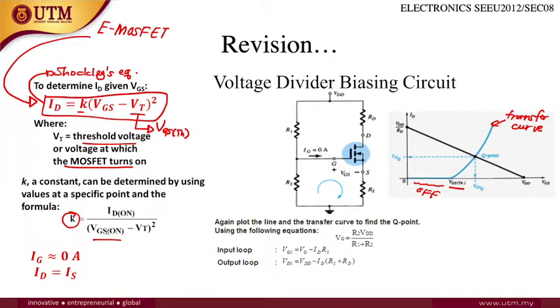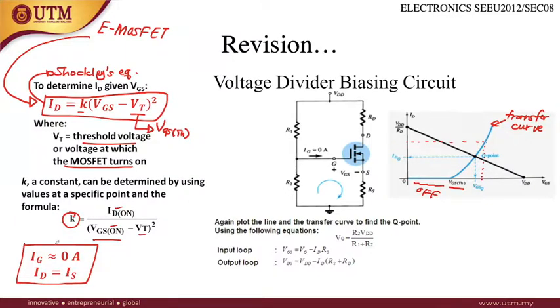Sometimes it's given, and sometimes you can get this value from the graph. For example, you choose any point for VGS, and you will get the reading for drain current, and you replace it inside this equation. The threshold voltage you can also get from this graph, and you can always calculate K by rearranging this formula.